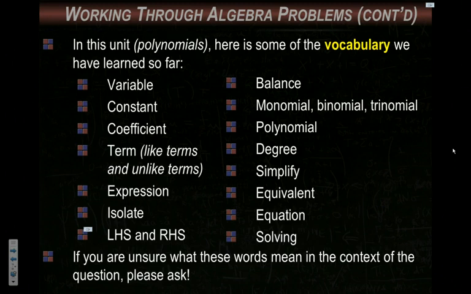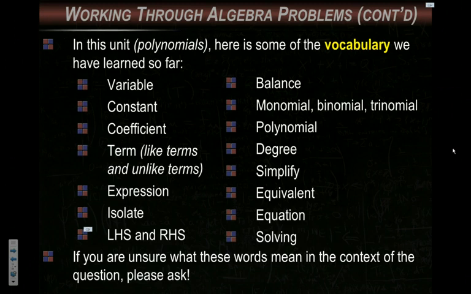But these are words we have been talking about. So I hope they're at least starting to make a little more sense when you see them. Because these are the words that are going to be on your final exam. They're the words that are going to be on your unit test. And if you can't get past the word, there's no way you're going to solve it because you can't even get past the wording of the question. So at least start with that. Start with knowing the words.